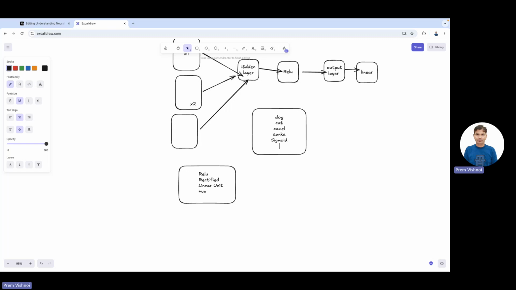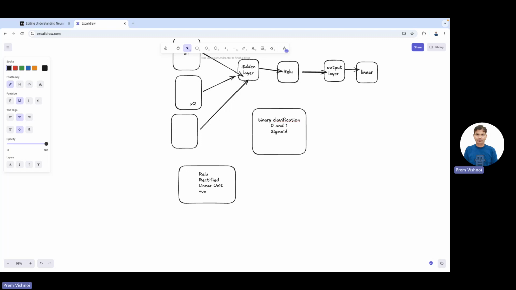Sigmoid is used for binary classification, predicting 0 and 1.